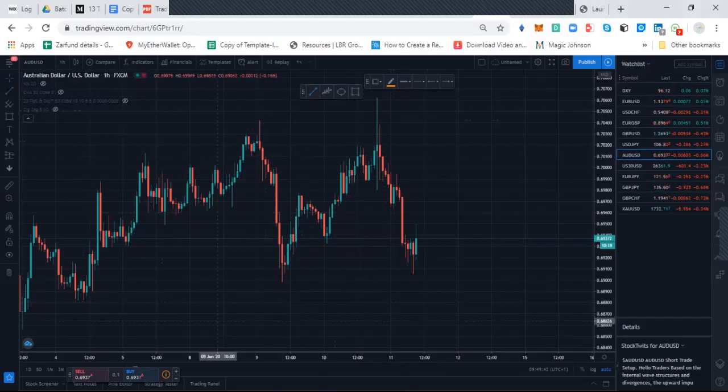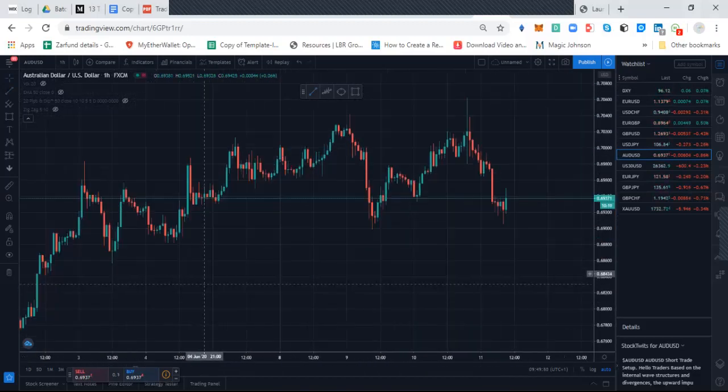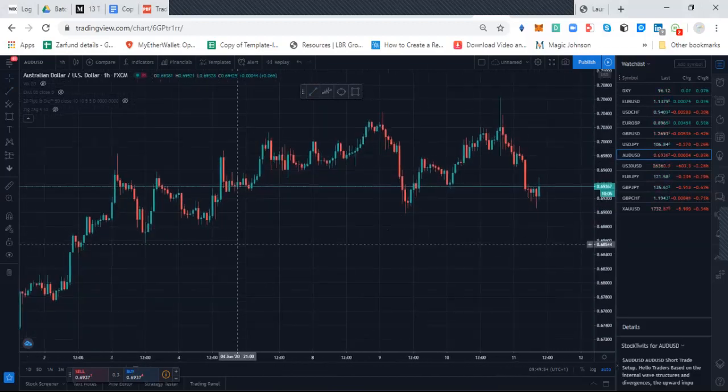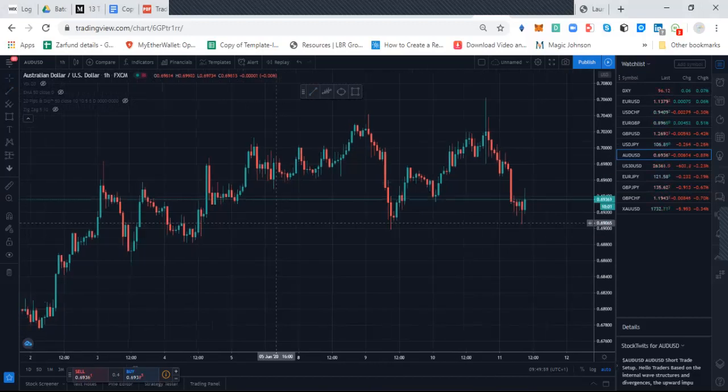So basically, we've been seeing AUD USD for a long time has been on a huge uptrend. So what we are seeing now is, we're not so sure yet what's beginning, but let's see the structure that we have.